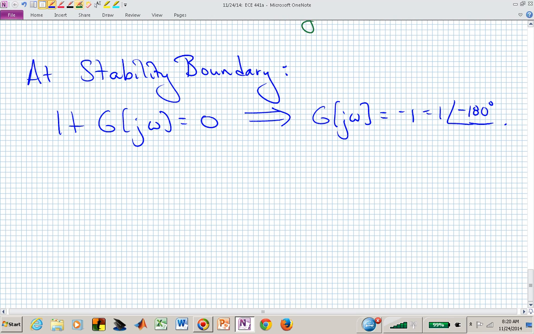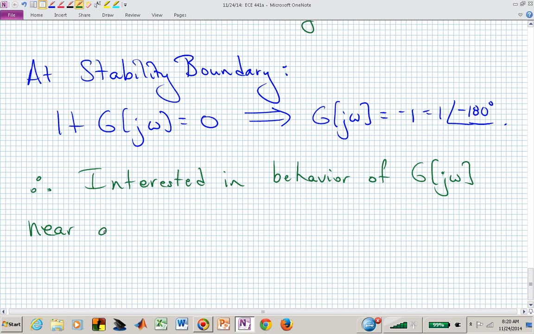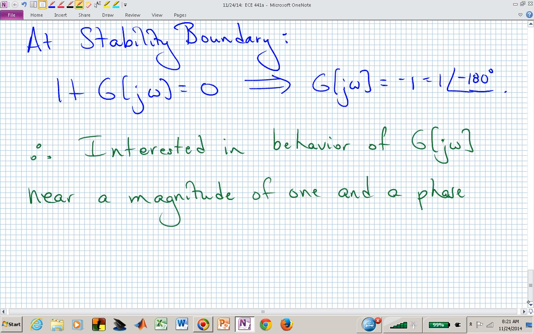And for that reason, therefore, we are interested in the behavior of G of j omega near a magnitude of 1 and a phase of minus 180 degrees.